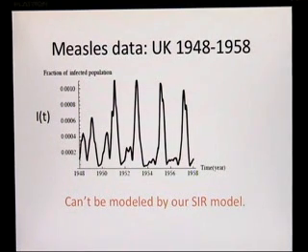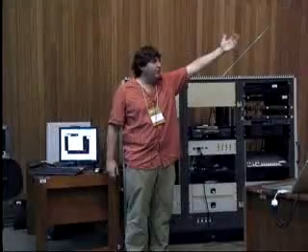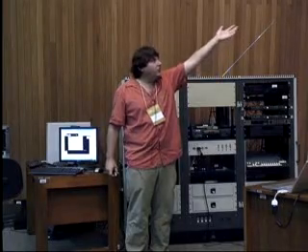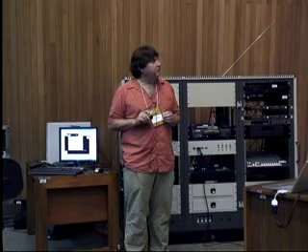No, I of t is oscillating. So obviously, our simple SIR model can't capture this oscillation in the number of infectives. It will start when we start making it more sophisticated. So this type of infection cannot be modeled by our most simple SIR model.